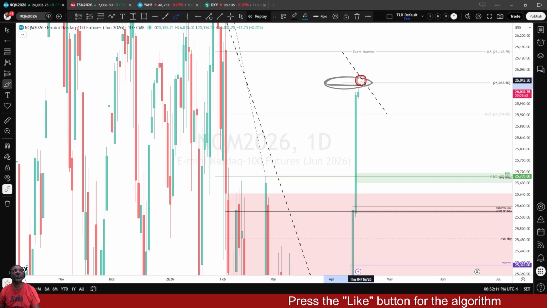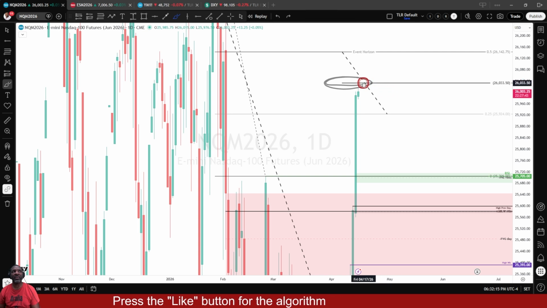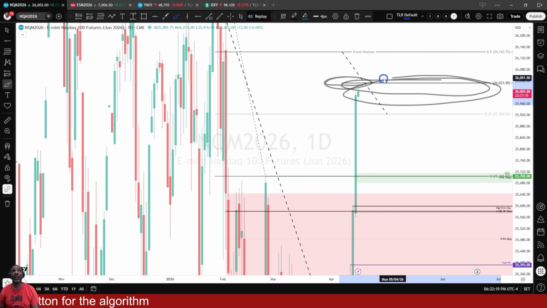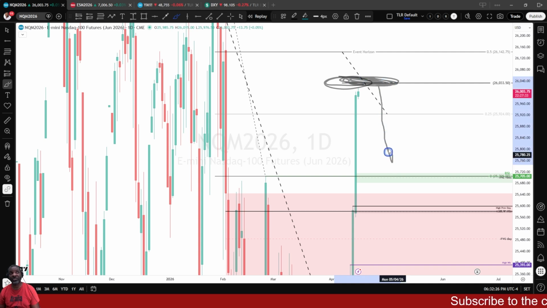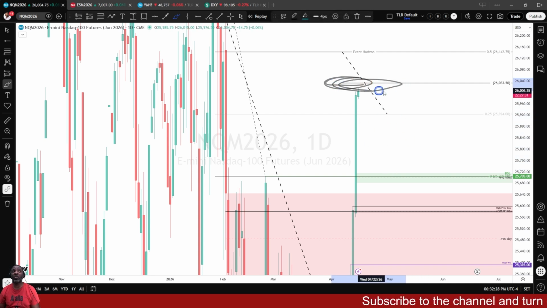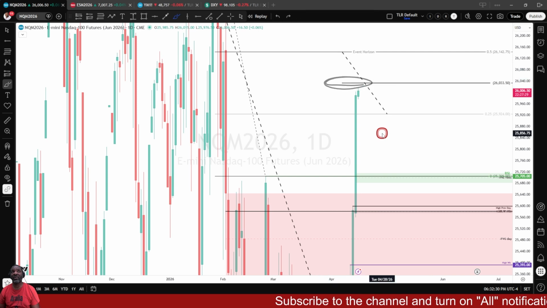So if price starts to get weak right in here and just starts to dilly-dally for no reason, now you know why. Because that is event horizon 2. If it gets weak, starts to dilly-dally here and starts to turn around, now you know why. That's event horizon 2.